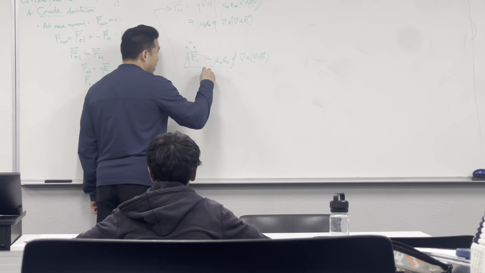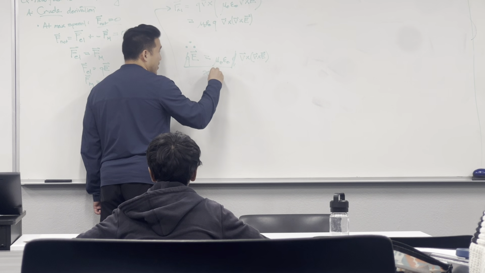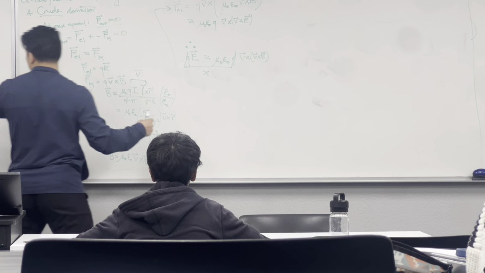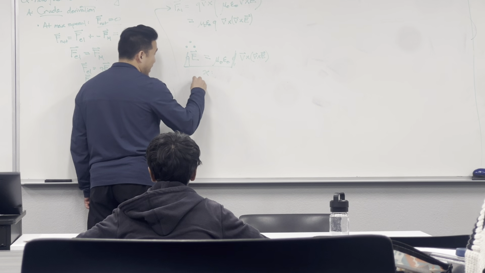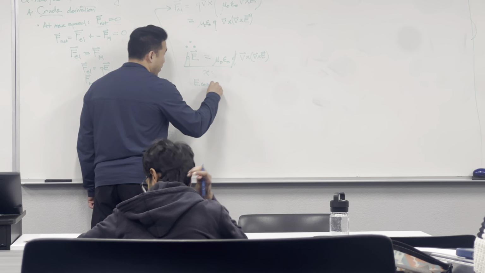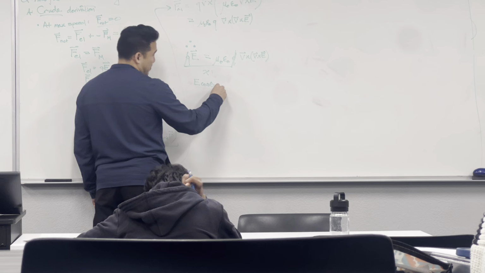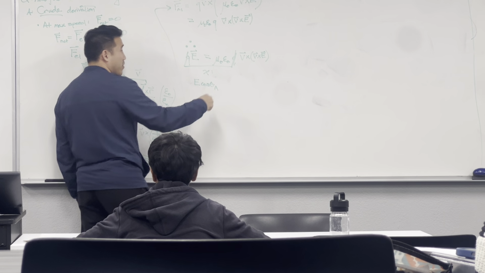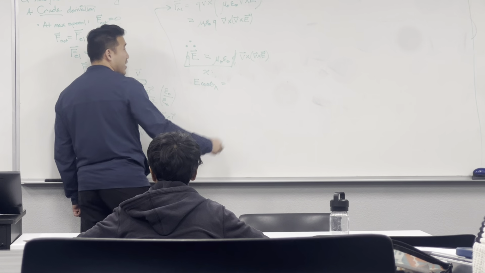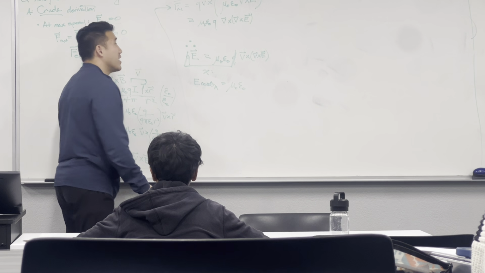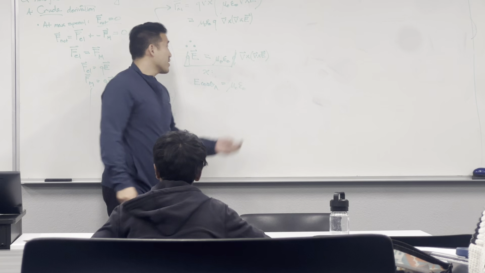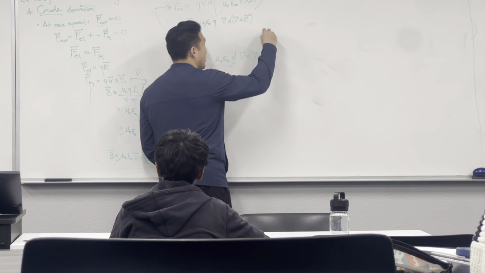Let's just consider the x coordinate, okay? Just in the x direction, because that's the direction that the wave is propagating. So we get E cosine of theta, we'll call it theta A, just for arbitrary purposes. This is going to equal mu naught epsilon naught. Who remembers what the cross product is? The magnitude?